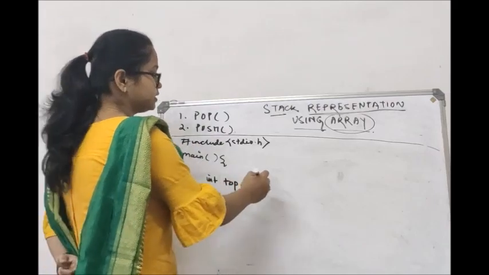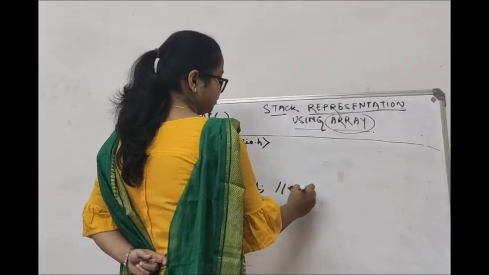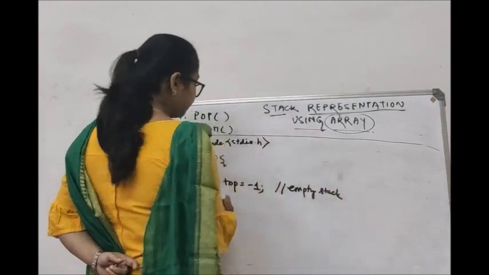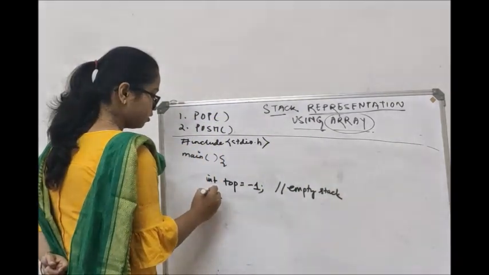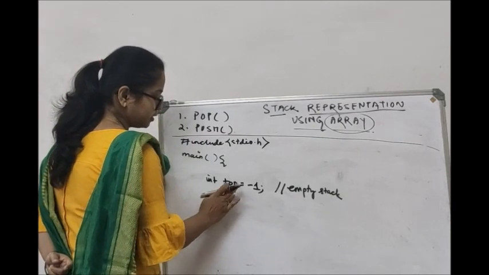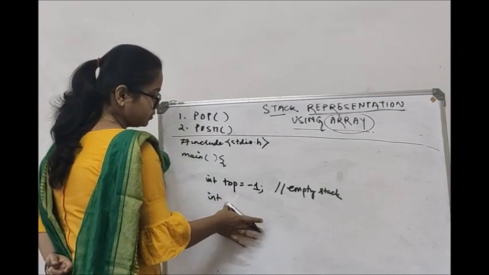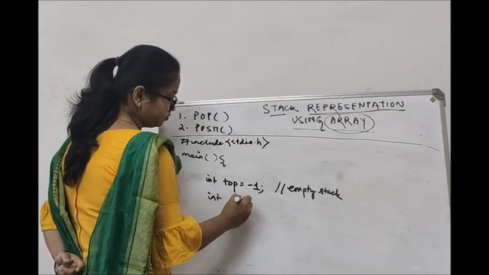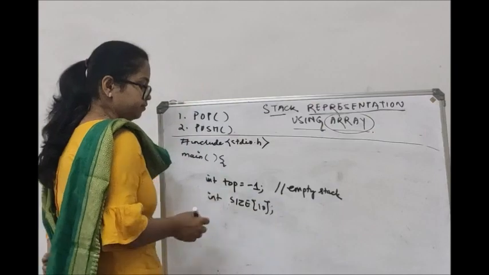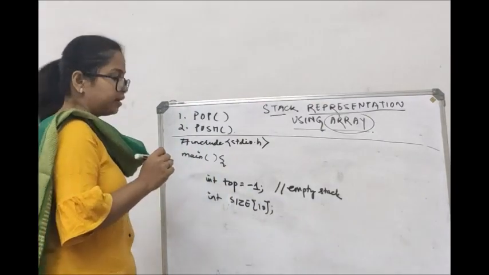This means the stack is empty. After that we have to simply define an array. Suppose the array name is size, and I will give it 10. So this is what the array looks like.